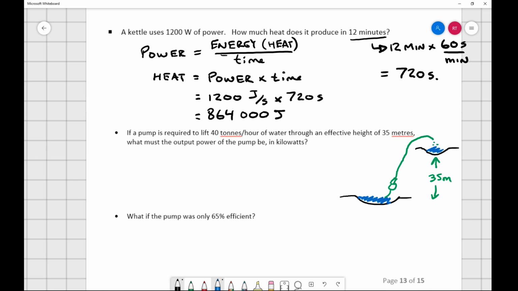Yes, we do have tons per hour, but I'm going to ignore the hour for now. Let's just consider 1 hour of time. In 1 hour, we know that we would have lifted 40 tons of water through that height. So how much energy did that take?